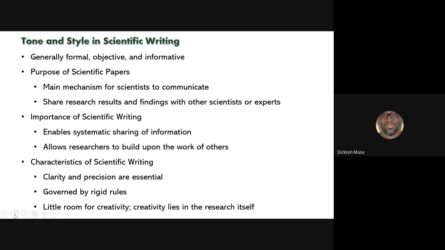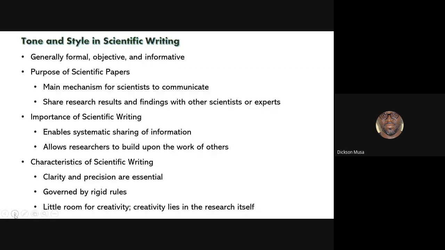I will keep repeating this: anywhere you see scientific, I'm using it as a substitute for academic. It means somebody in English can look at this and still be able to adapt it for academic papers in English or languages or literature and so on.